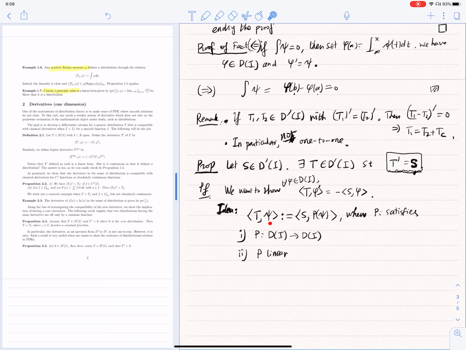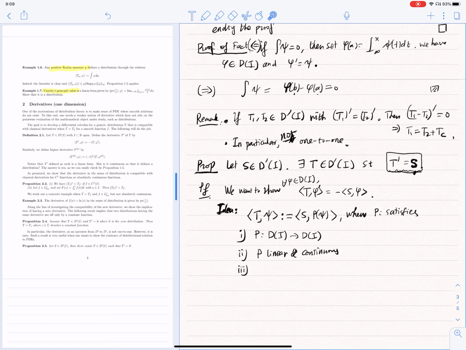This is also a minimal requirement, because for T to be a distribution, T has to be linear, and the other property is continuity, which we want as well. If P is linear and continuous, then this definition defines a distribution. So the first two are really minimal requirements, and we haven't said anything about the differential equation yet.